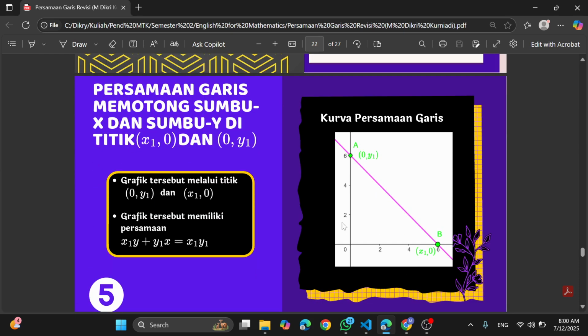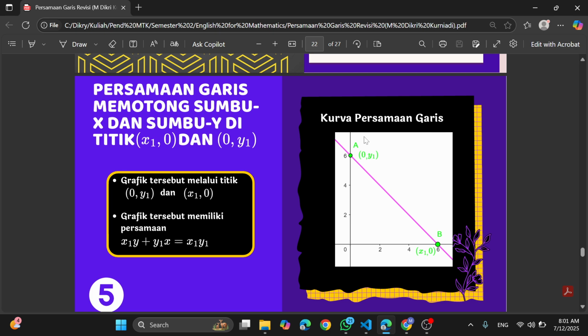And also the last one is the equation of a line that intersects the x-axis at x1, 0 and the y-axis at 0, y1. The graph passing through the points 0, y1 and x1, 0 has the equation x1 times y plus y1 times x equal x1 times y1.